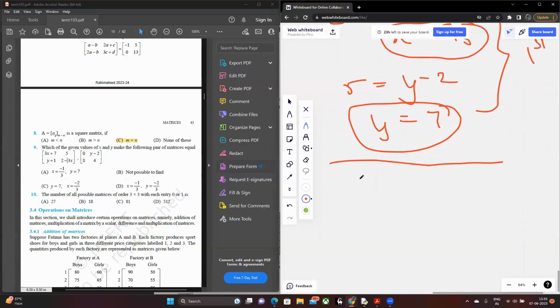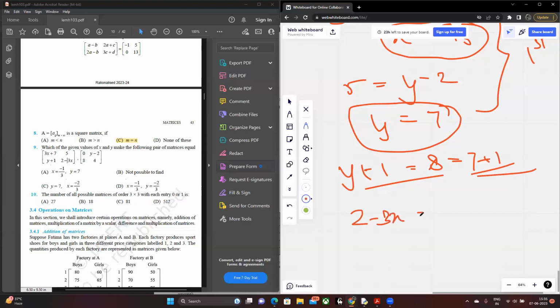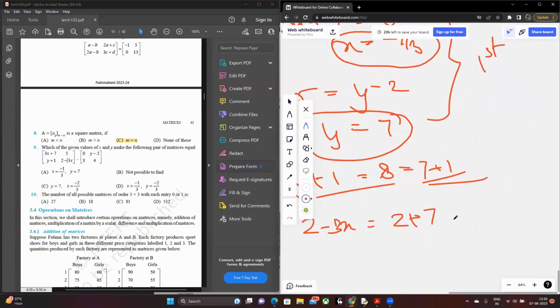So we check in the second row, and I'm not going to draw this line because I draw this line when the question is completed. We check that y plus 1 is equal to 8, which is true because it's 7 plus 1. And 2 minus 3x is going to be 2 plus 7, which is 9.